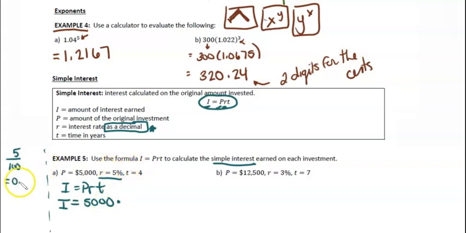We have to convert that to a decimal. For 5%, we're going to get 0.05. Okay, and then the time in years, which is 4. So all 3 of these numbers are multiplied by one another. So in BEDMAS, we can just do them in any order. So 5,000 times 0.05 times 4, all in your calculator, would be 1,000. And this is measured in dollars. So the interest on this investment is $1,000.